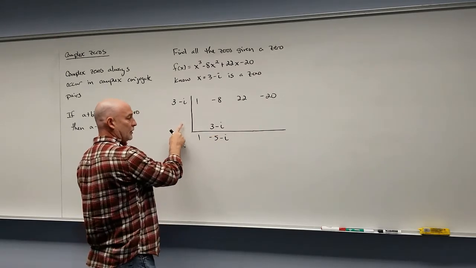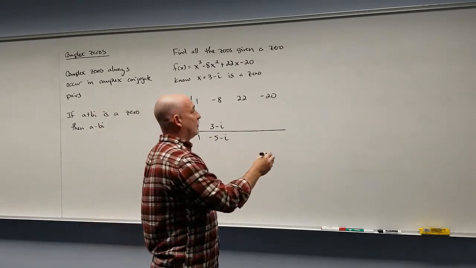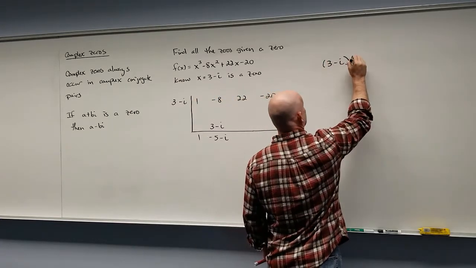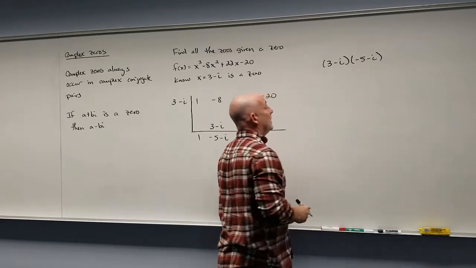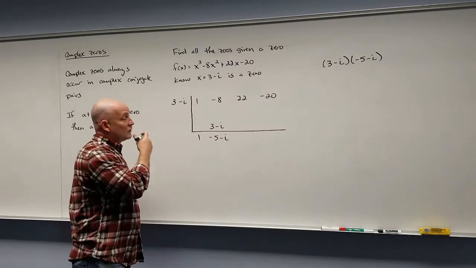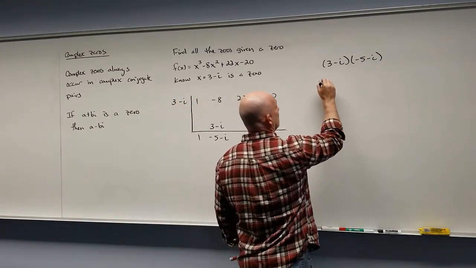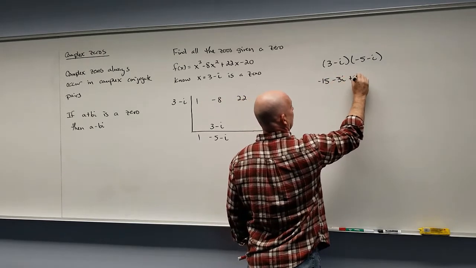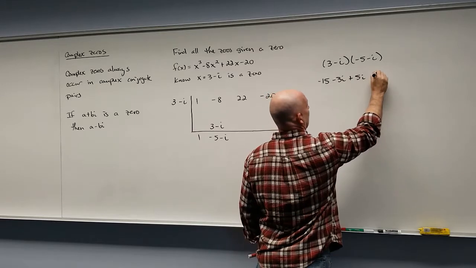Now here's where the work gets a little bit more involved. For this type of multiplication, you're most likely going to need to go over to the side, negative 5 minus i, and do a little bit of side work here. So let's start distributing. That gives me negative 15 minus 3i plus 5i plus i squared.